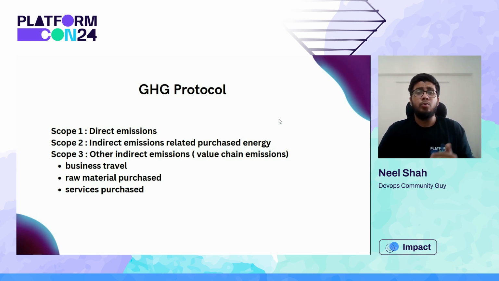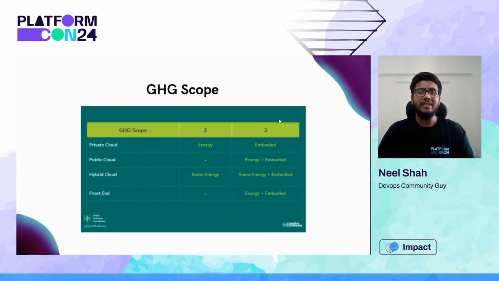And let's see how that is classified in DevOps. If we store anything in a private cloud, then it comes in the second and third scope. When we deploy anything in a public cloud, it comes in the third scope. When we deploy in a hybrid cloud, it comes in the first and third scope.